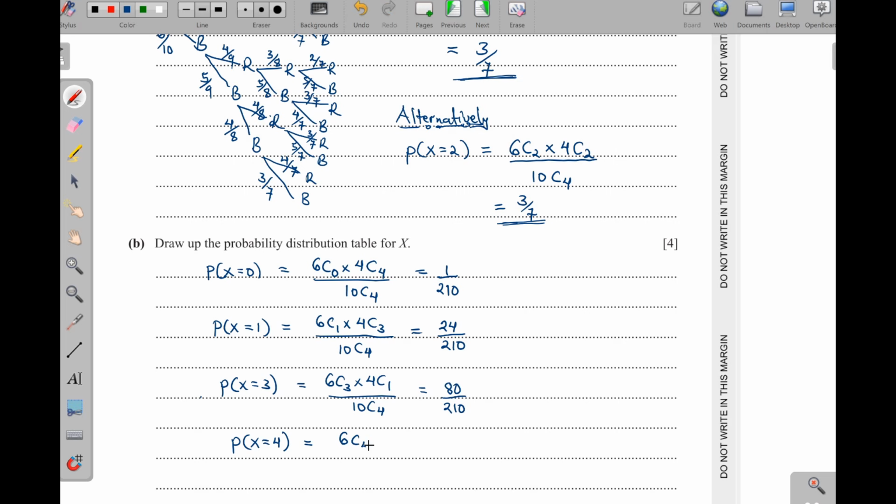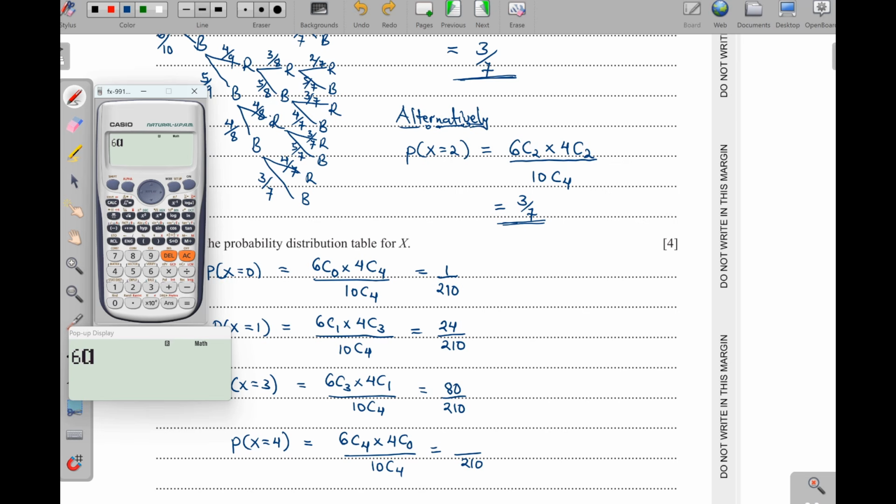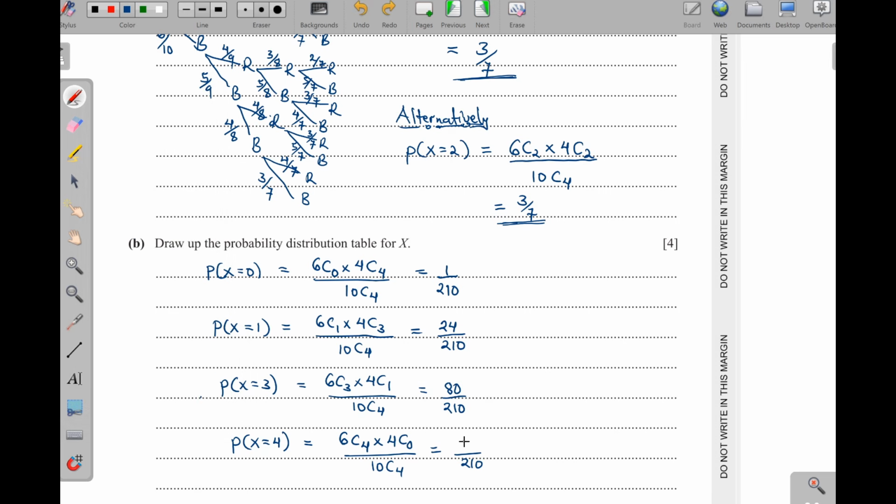Out of the 6, we are getting all of them, and out of the 4 reds, we get none. And then 10 combination 4, so this is out of 210. And 6 combination 4 is what? Because 4 combination 0 is a 1, 6 combination 4 is a 15.